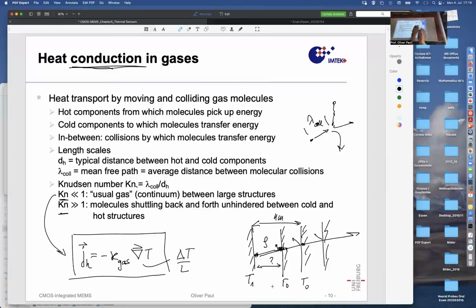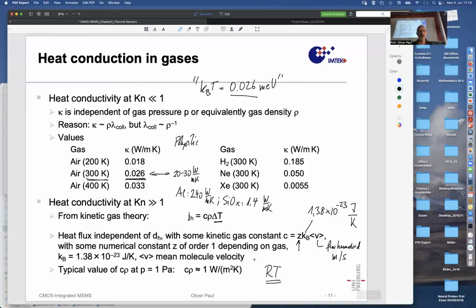And if I fill this with air of atmospheric pressure, the lambda collision is still 100 nanometer. So it's still larger than this length. The Knudsen number is larger than 1. And then this formula applies even at 100,000 Pascal, at one atmospheric pressure.